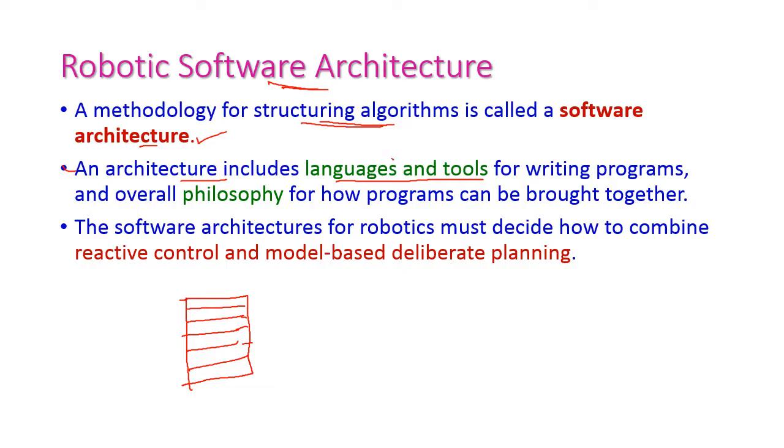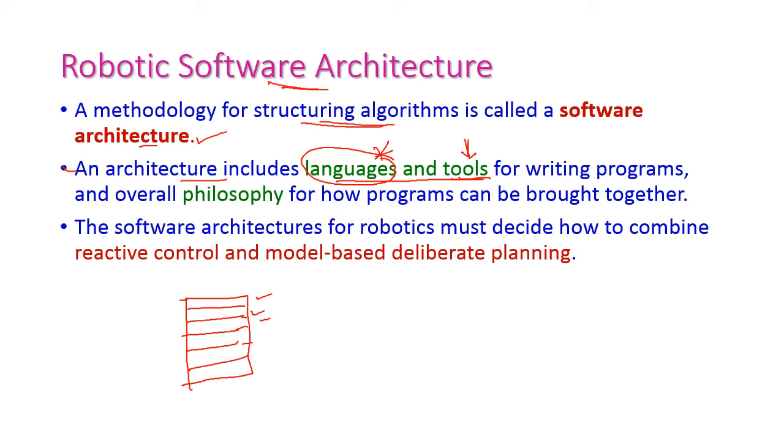So the software programming language, which language we are going to include, and the tools. Tools are, for example, the library set or some additional ready-made tools by which we can easily construct the program. So these two are very important in software architecture: which language we are choosing and which tool we are implementing.